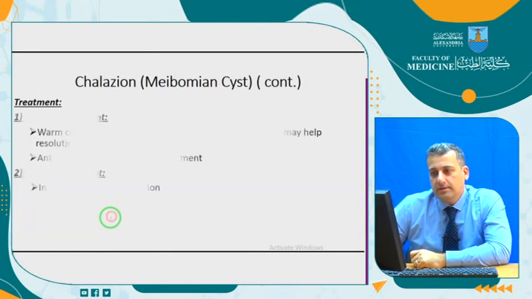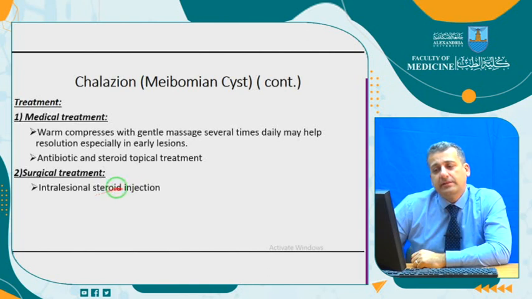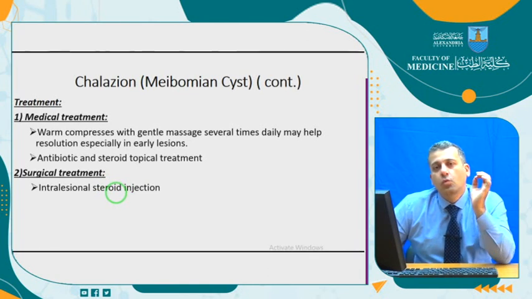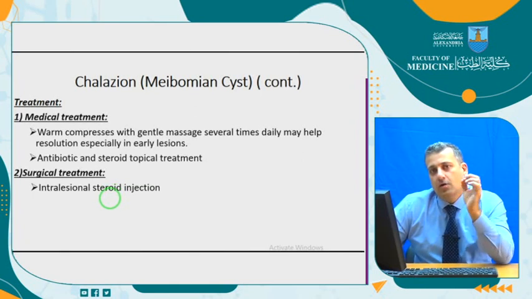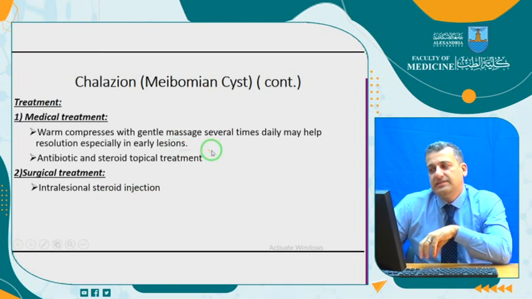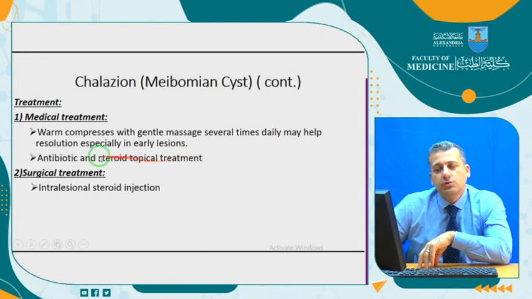How do we treat it? There are two types. Medical treatment: warm compresses. Again, when we say warm compresses in the eye, warm, dry compresses. Don't use moist compresses. With gentle massage several times per day will help resolution, especially if the case is early. Okay? Antibiotic and steroid topical treatment can be applied.